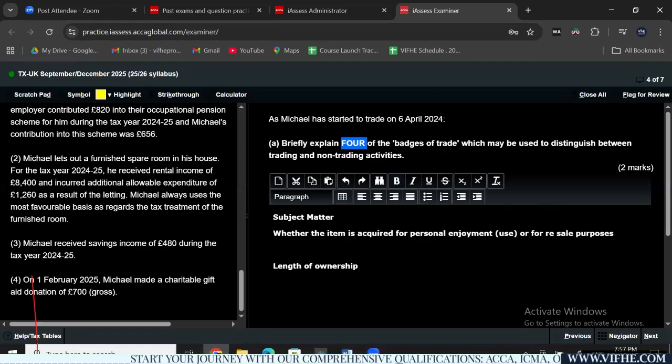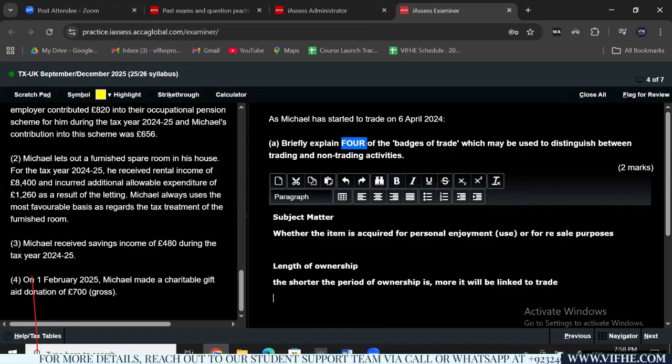But if you're going to own it for a longer period of time, then it would indicate that you have acquired it for the sake of usage purposes, for the sake of personal retention purposes. So the shorter the period of ownership is, the more it will be linked to trade, right?